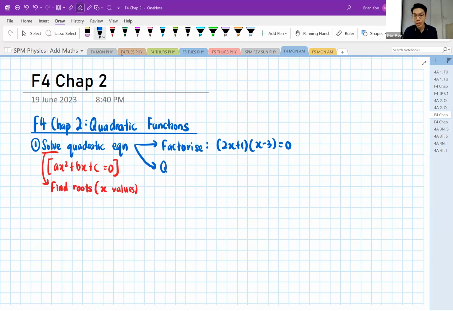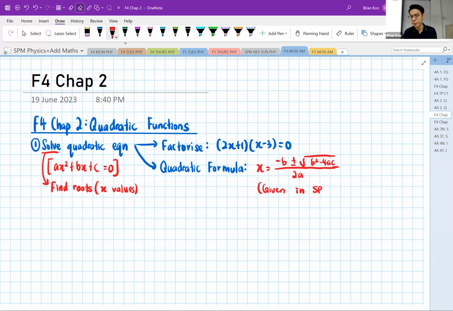We have what we call the quadratic formula. This formula is given in exam, even in SPM.